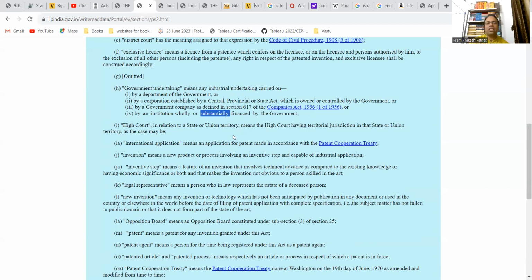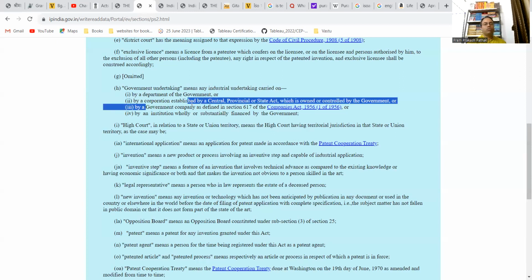So basically, the idea is that government undertaking means the central government has the right over that corporation or entity or institution. They have the higher right to do something or to make a decision. Therefore, it says department of government, or owned and controlled by the government, and then government company.